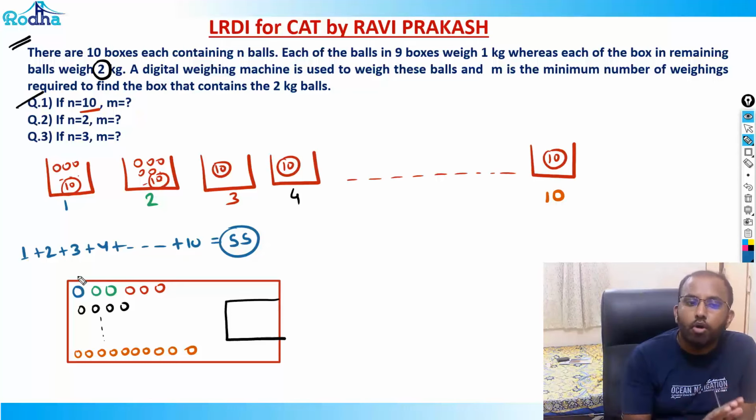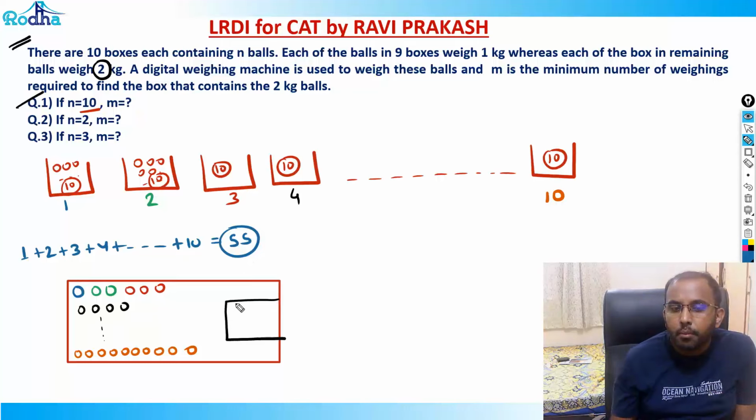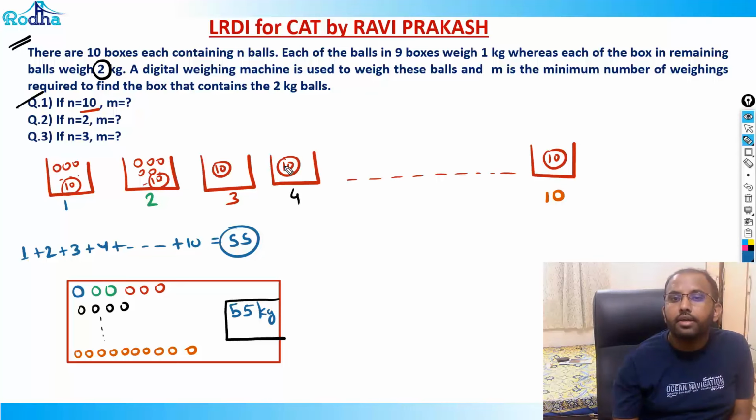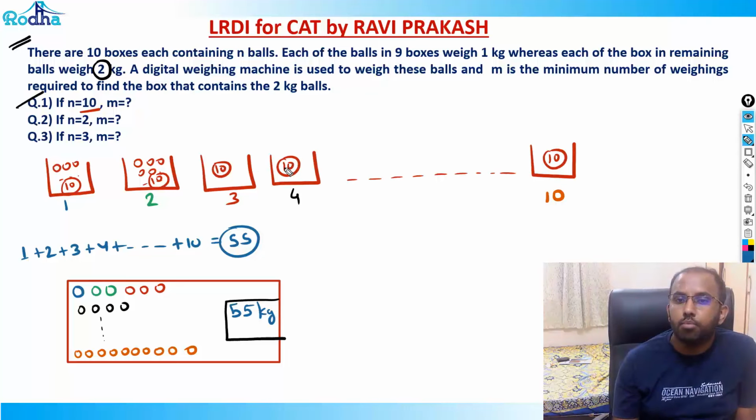If all the balls were identical in weight, the meter should have shown 55 kg. But there's one bag here which contains 2 kg balls.